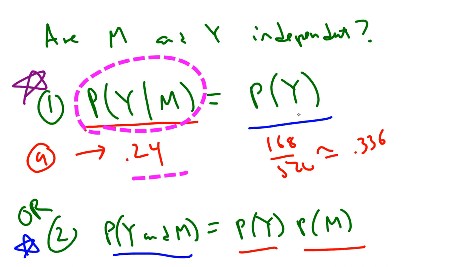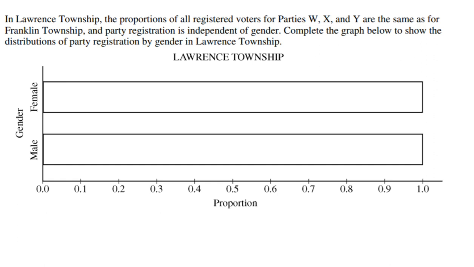That's lower than just knowing the probability someone's in party Y without paying attention to gender, which is 0.336. So in other words, knowing a person was male made them less likely to be part of party Y. Hence, these two variables are dependent, or we could say they're not independent. That's it. Okay, let's take a look at the last part of this question and see what it has to say.